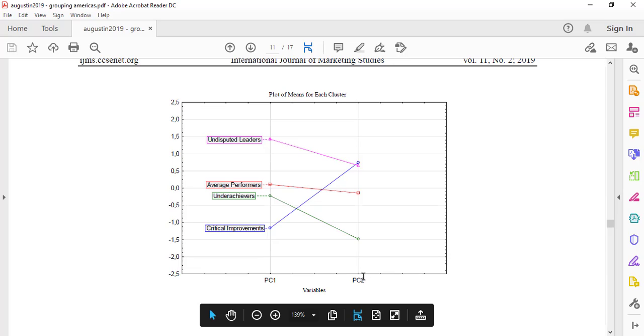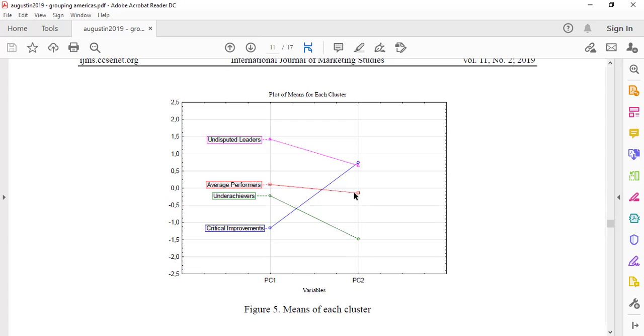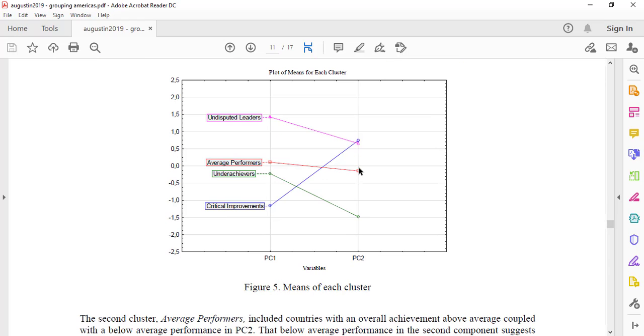And Average Performers are around average in everything. Underachievers, you see, have a good PC1, but their PC2 is quite low. And Undisputed Leaders are achieving well in both PC1 and PC2. And that requires you to mention the components of PC1 and PC2. Okay?